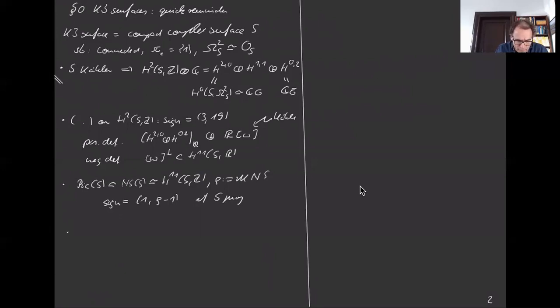We'll also need the transcendental part, which is just the orthogonal complement of the Néron-Severi lattice. It can also be described as the smallest primitive Hodge substructure, such that the 2,0 part of S is actually contained in the complexification of T.